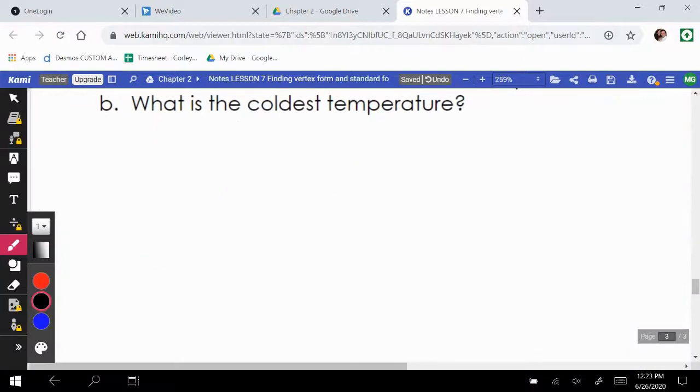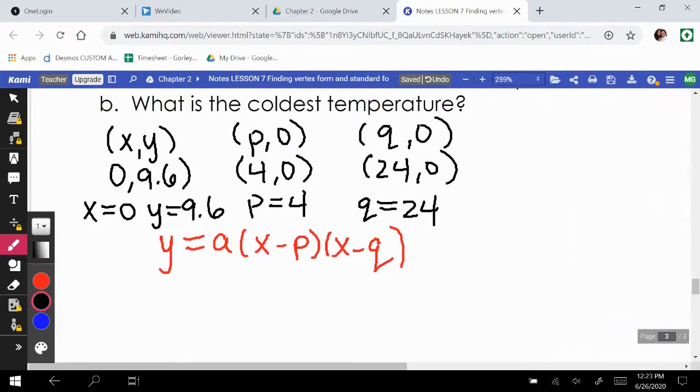All right, let's plug in those components and try to simplify. So what's y equals? That would be 9.6 equals a. I don't have anything for a yet. X is 0, minus p was 4. Then we have x again.